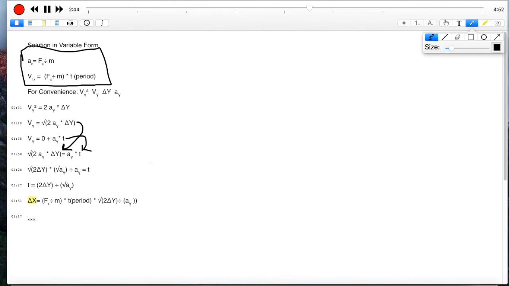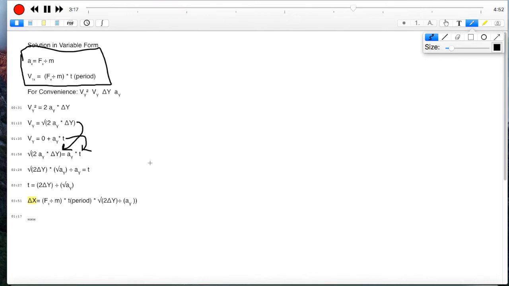So 2 delta y times the square root of acceleration in the y direction divided by the acceleration in the y direction. Okay, so now that we have made quite a bit of progress here, we're moving closer to our solution. This here will all be equal to the time.